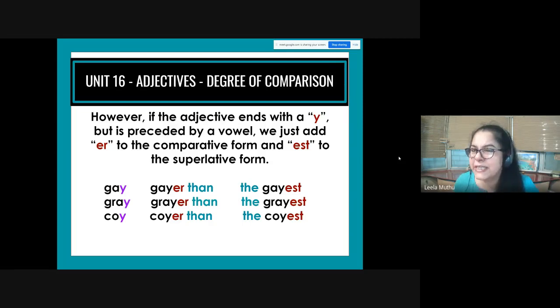So coy, the letter before Y is an O. So coy, coyer than, and the coyest. So this is when the adjective ends with a Y, but there is a vowel before it.